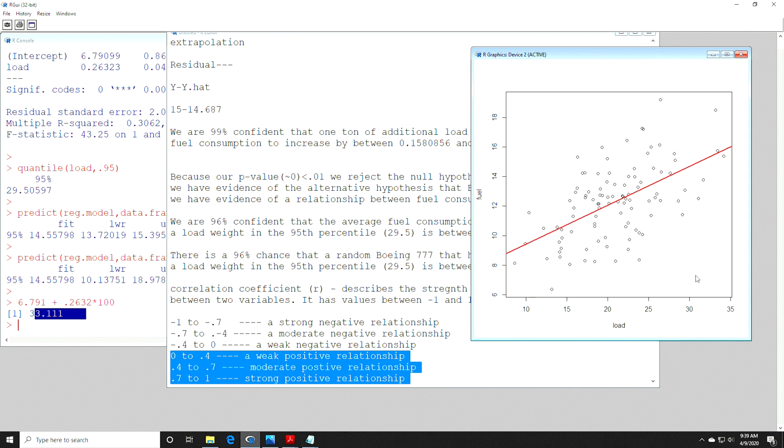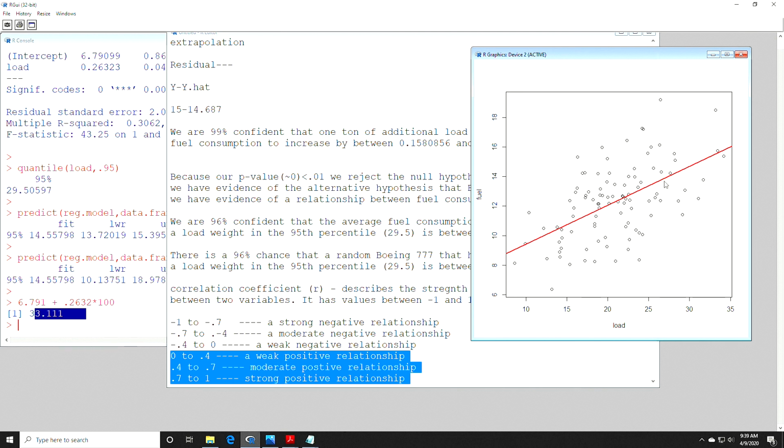Likewise, if there was a negative slope, we would know that the correlation would be negative, a negative relationship. As one goes up, the other goes down. And if there is a horizontal line, that would mean a slope of 0 and also a correlation of 0, meaning the two variables are not linearly related.